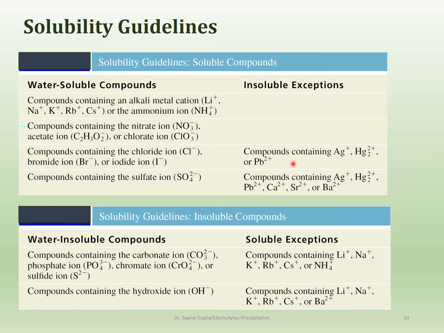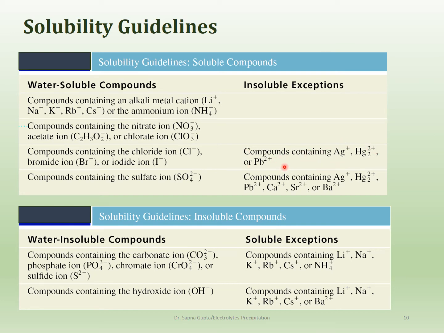So if you have silver chloride, mercury iodide, lead bromide, those compounds are insoluble. But the rest of them are all soluble, which means that you can have iron 2 chloride, cobalt 2 chloride, you can have calcium iodide. Any of those things are soluble. The only ones that are insoluble are these three.